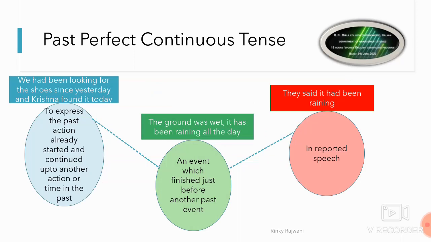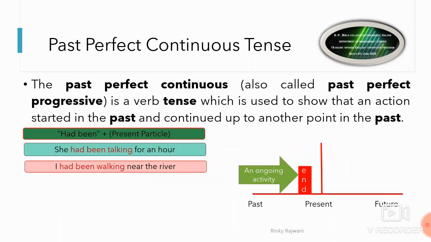Now, how can we justify the use of past perfect continuous tense? Let's see more clearly. It expresses a past action that already started and continued up to another action or time in the past. Just as I explained, it was an action ongoing in the past and it also ended in the past.